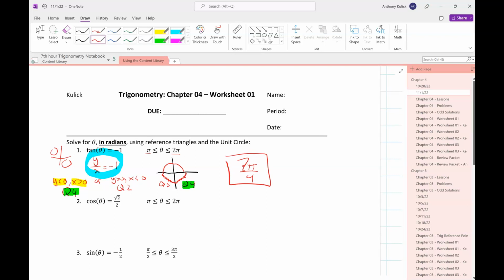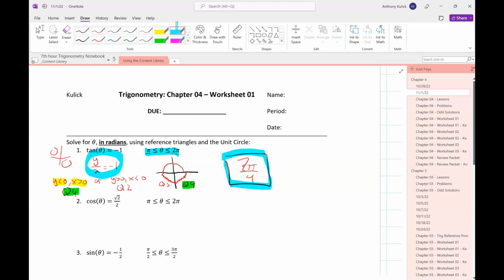That's it. So again, you figure out what quadrant you need to look for your answer in. You go to your unit circle, pull the answer, and the only additional thing that might come up is you have to make sure that your answer does lie in the interval.